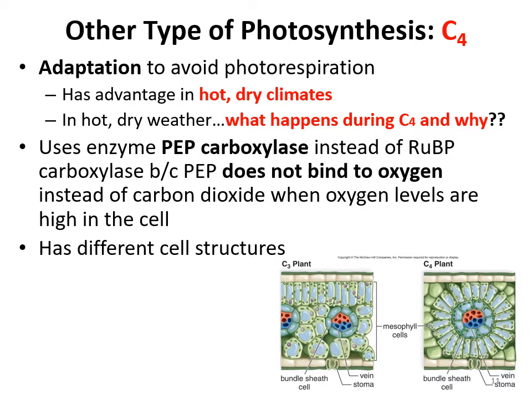So the leaves become closed off in order to conserve water, because in hot, dry climates, you need to save as much water as possible. Now, because the leaves are closing off their little pores, if you think about it, nothing can really enter very well, right? Not just is it keeping water in, it's also preventing carbon dioxide from entering.